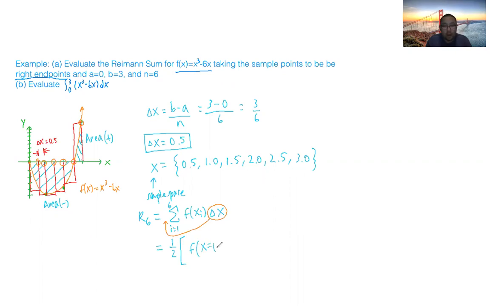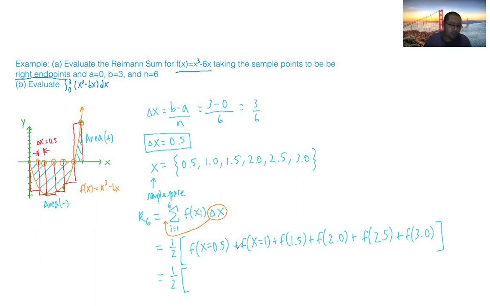So f evaluated at x equals 0.5, plus f evaluated at x equals 1, plus f evaluated at x equals 1.5, and so on until you get to the end: f evaluated at 2.5 plus f evaluated at 3.0. And so this is the calculation that's going to give you the approximate area under the curve. And so 1/2 multiplied by the total, whatever you get from this calculation.